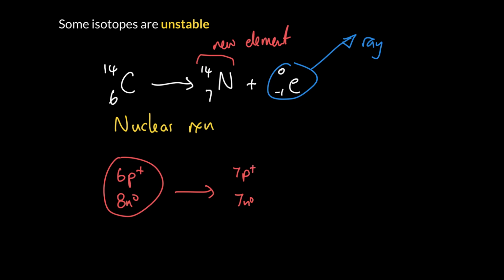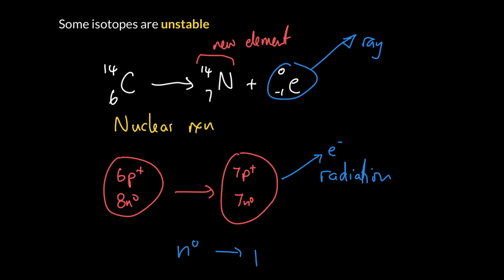And in order to keep the charge balanced, you have to form an electron, and that electron comes off as a ray, hence radiation. So the stream of particles coming out of the nucleus is the radiation that is produced. In essence, what you have is a neutron turning into a proton plus an electron.